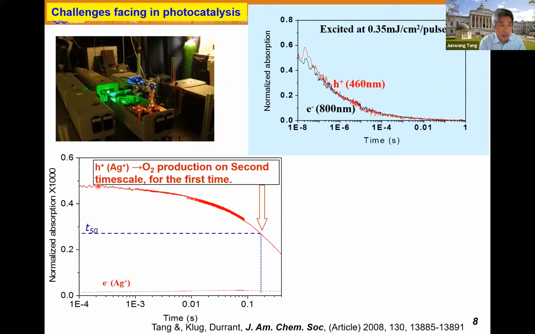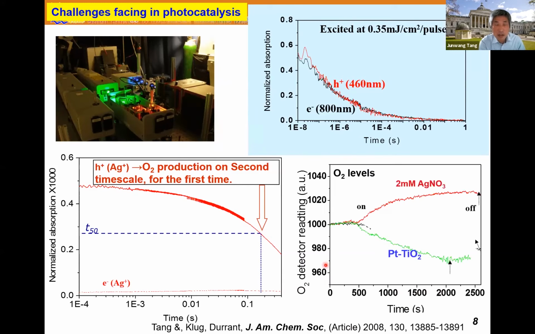If you fit this to a first order decay, you get a half lifetime of the charge carrier of about 0.2 seconds. And at the same time, we observed oxygen gas production. That proves this indicates oxygen production from water. And that's the half reaction. If you remember what I just mentioned, the oxidation half reaction is oxidizing water to get oxygen gas. It's very slow, which is shown here.